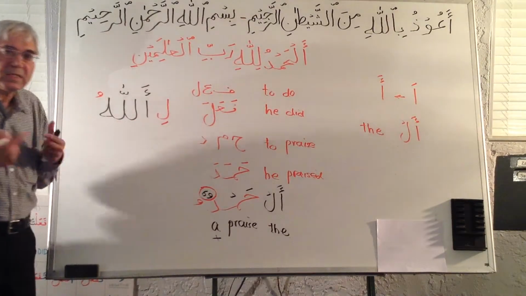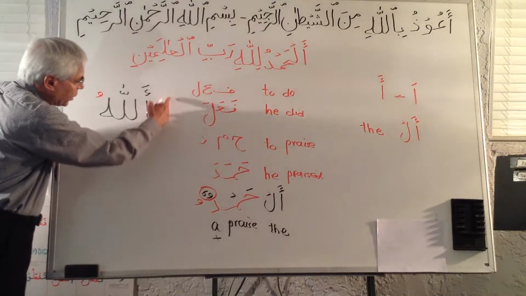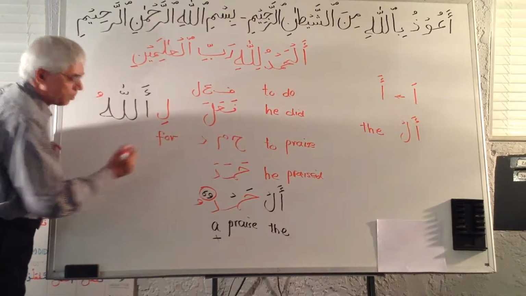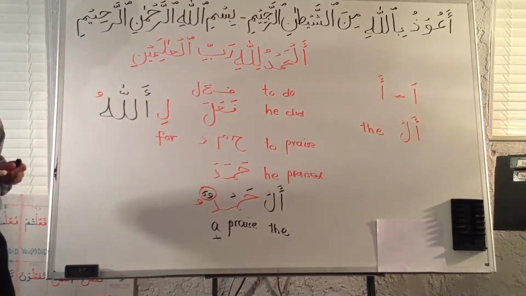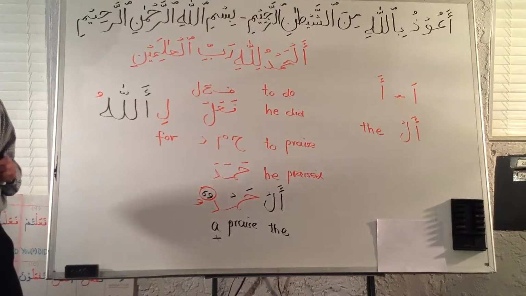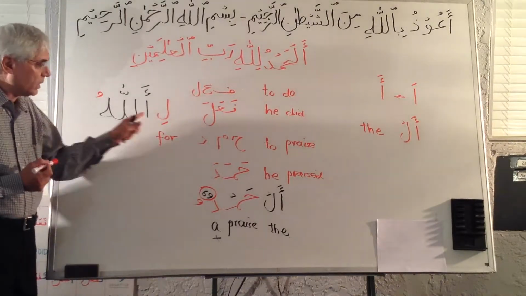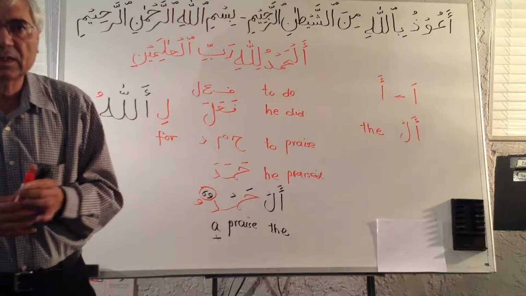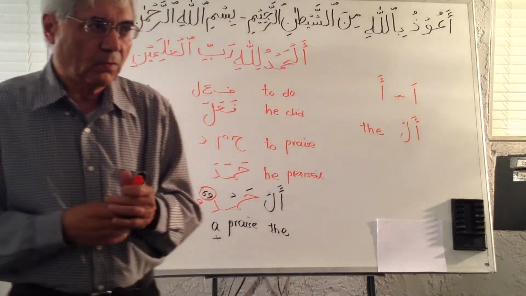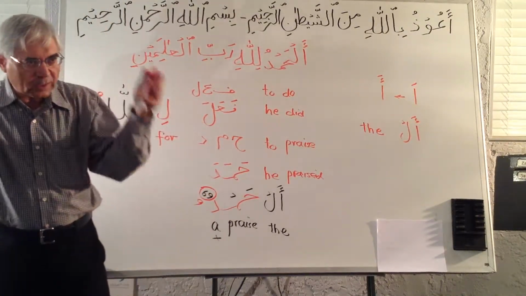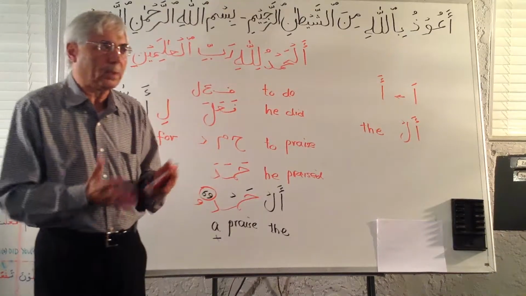This by itself has a meaning. The meaning of li is for. Okay? This is called harf-e-jar. In English it's called preposition. For, with, in, above, all these words in English are called prepositions.